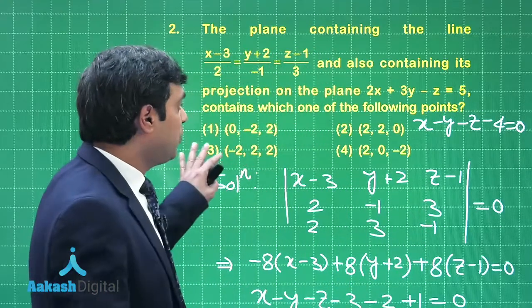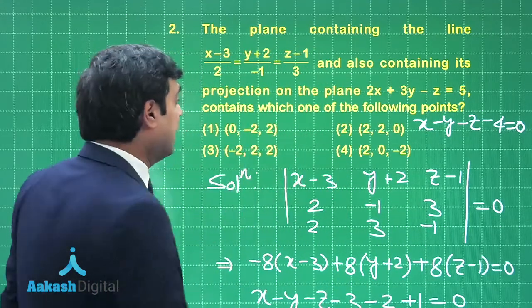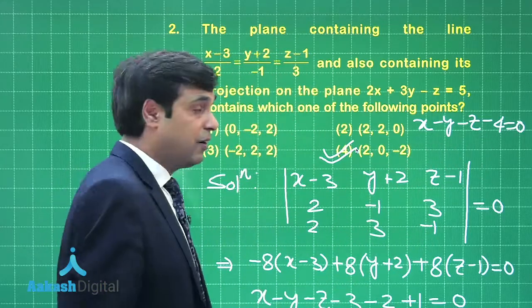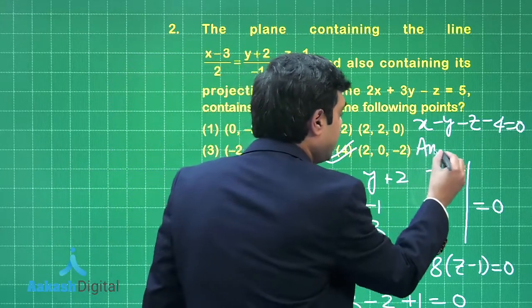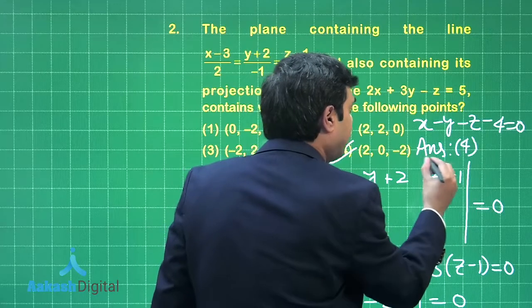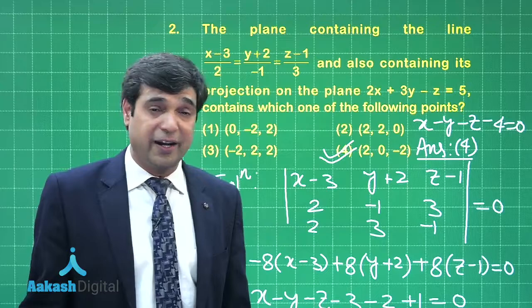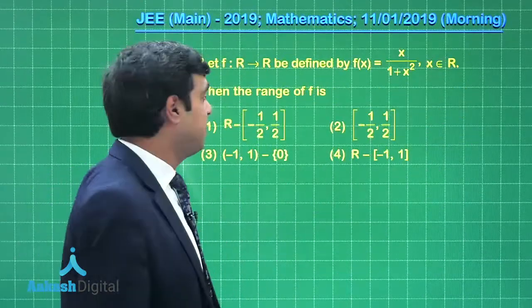Now, when you substitute points one by one, you can clearly see that option number 4 is satisfying this plane, right? So, the required answer for this question is option number 4, because on substituting 2 comma 0 comma minus 2, it is being satisfied. Let us move on to the third question of this paper.